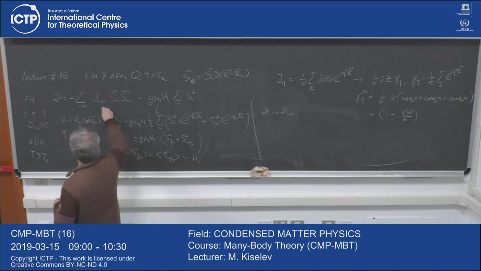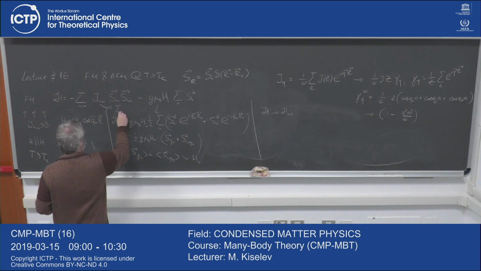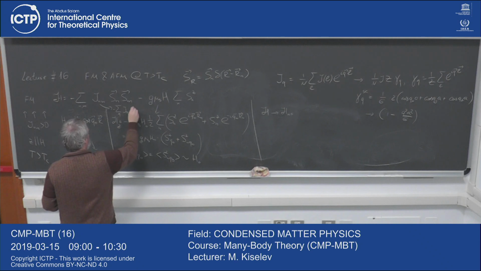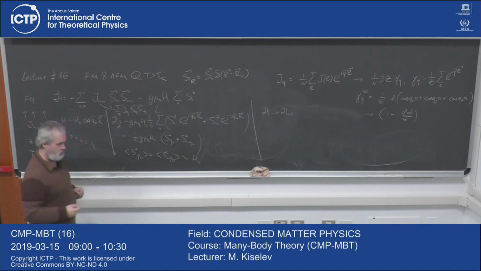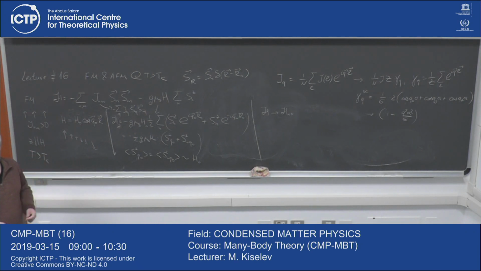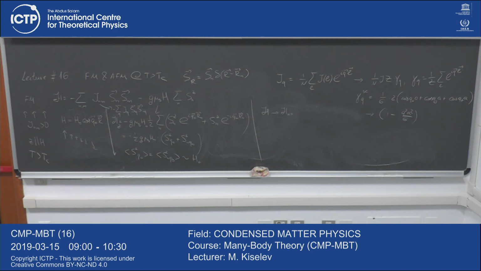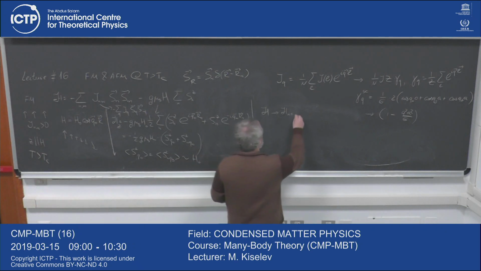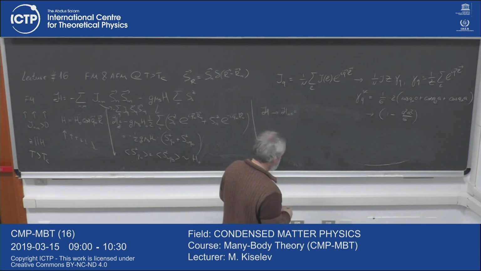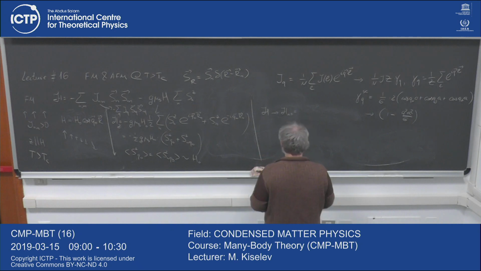You remember that this is the same as the sum over Q of G(Q) S(Q) S(minus Q). Moreover, I assume that I apply the field along the z direction. Therefore, I induce magnetization along the z direction, and the mean field Hamiltonian which I'm going to deal with is much simpler.